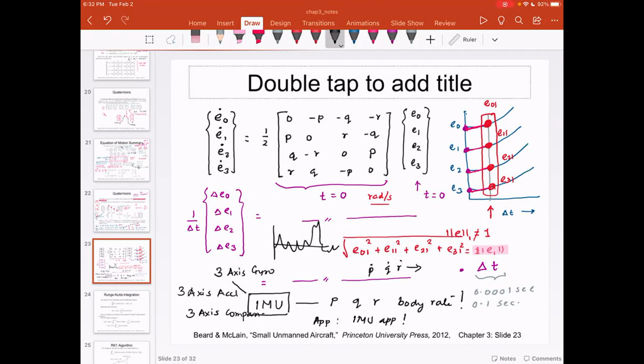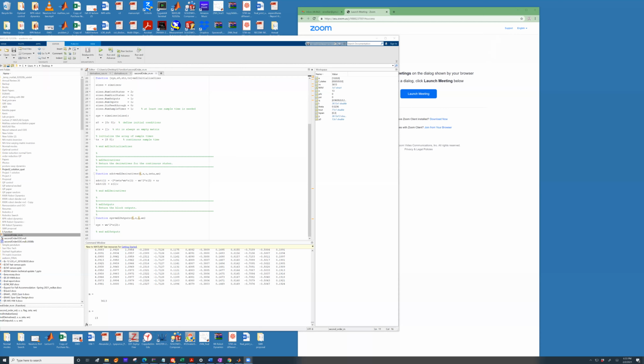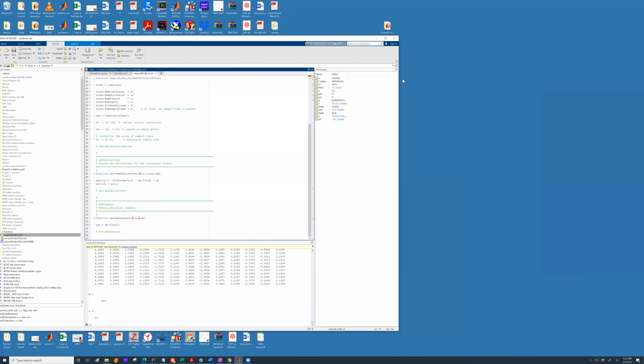Okay, now I'm going to go to Matlab, and I will share my entire screen. That way you will be able to see. So now you should be able to see my entire screen.